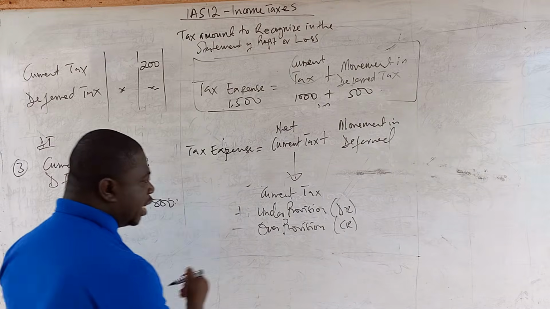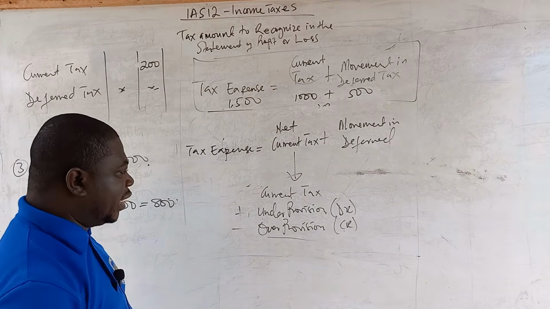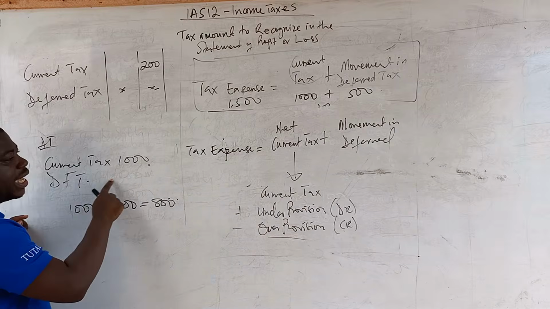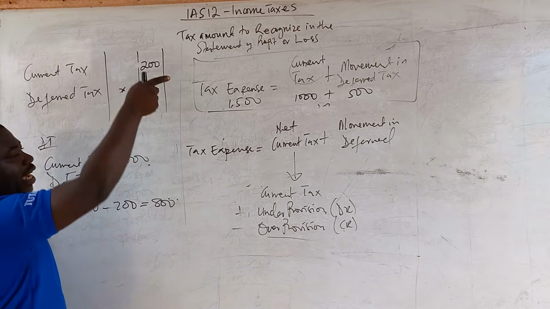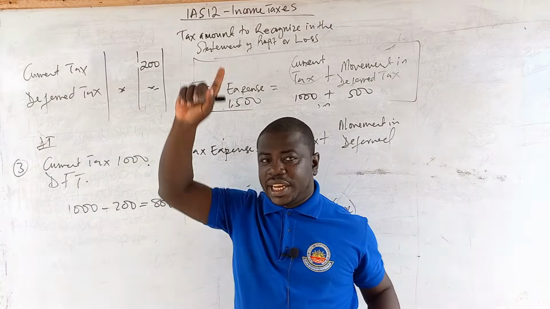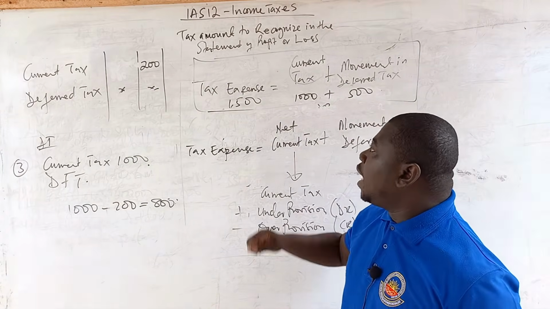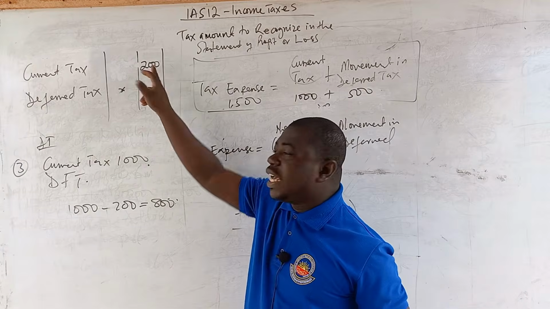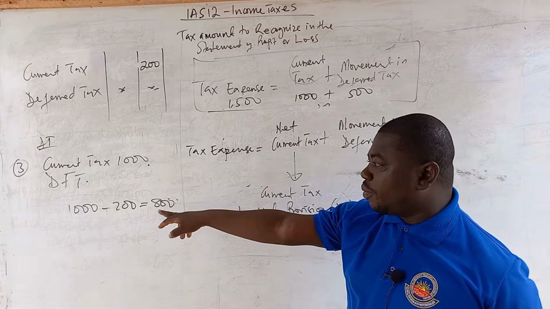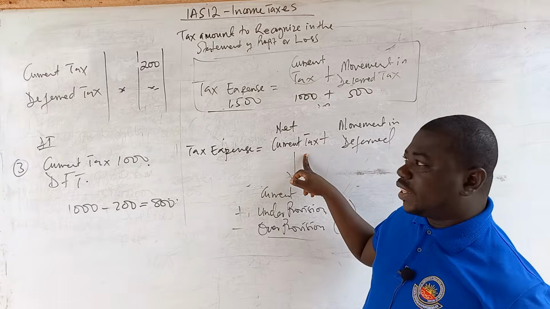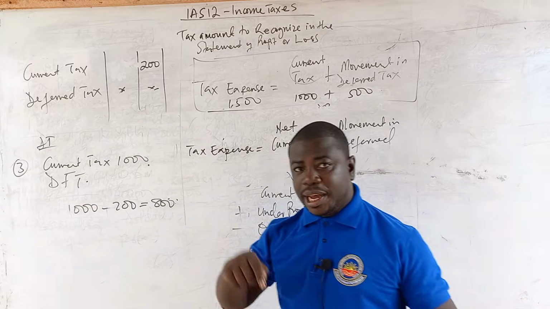What we are trying to say is that before you get the net current tax, you need to factor your current tax and then make any adjustment for the current tax. So if you see any current tax in the trial balance, it refers to over or under provision from the previous year. If it is a credit balance, it's an over provision, you subtract from the current tax before you get the net current tax. If it is a debit balance, it's an under provision.